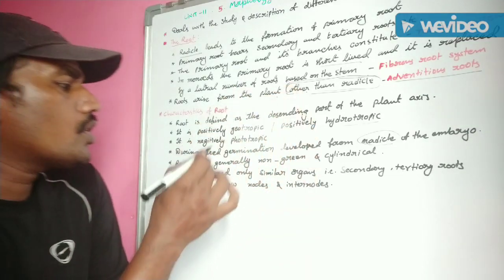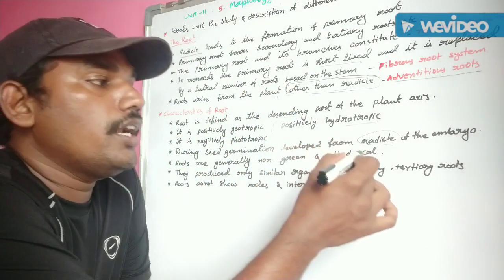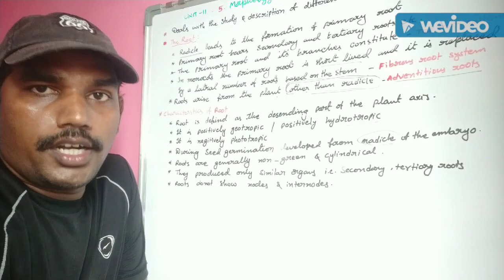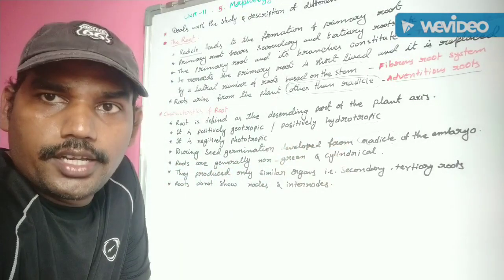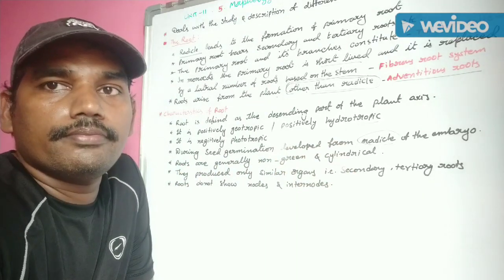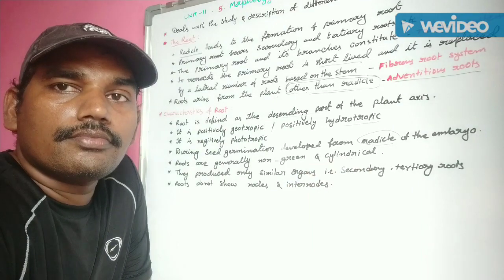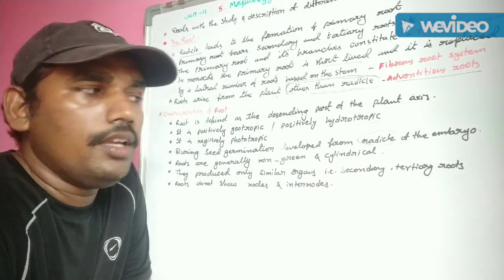Understand? Next one, roots are generally non-green and cylindrical. But in Tenophyllum, roots are flattened and also chlorophyllous, green in color.